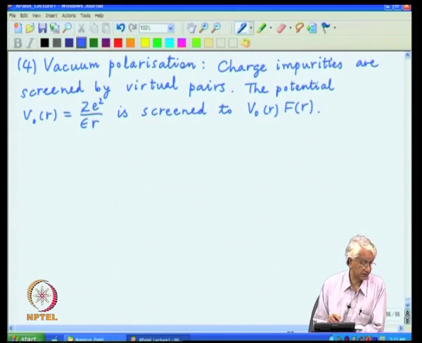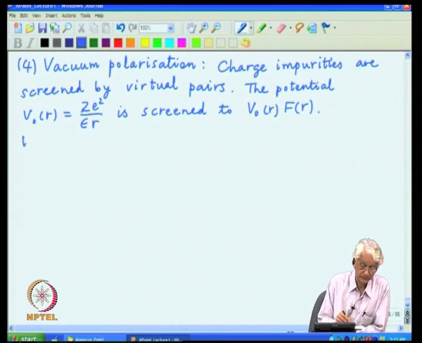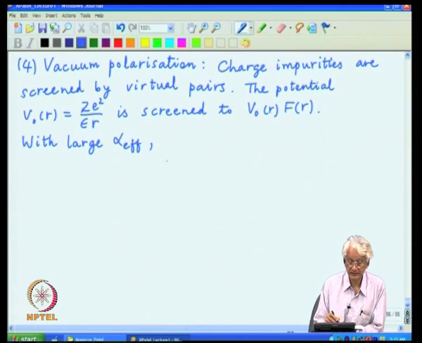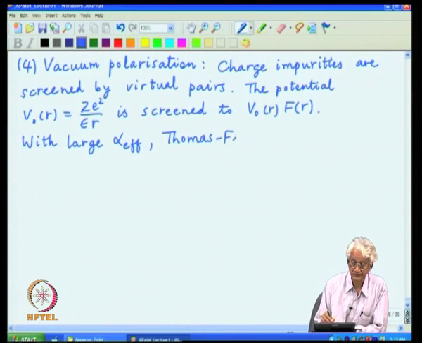To calculate f of r explicitly, one needs to make certain approximations, because it is a non-perturbative physics, and the one approximation which works reasonably well is a so called Thomas Fermi model of many body systems, in this particular case electrons.